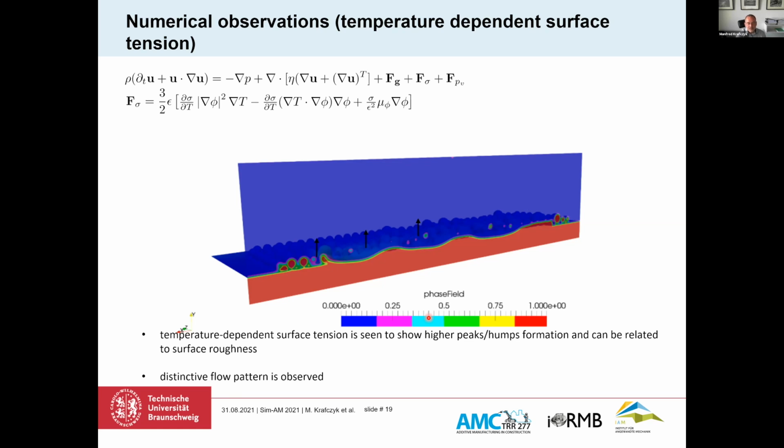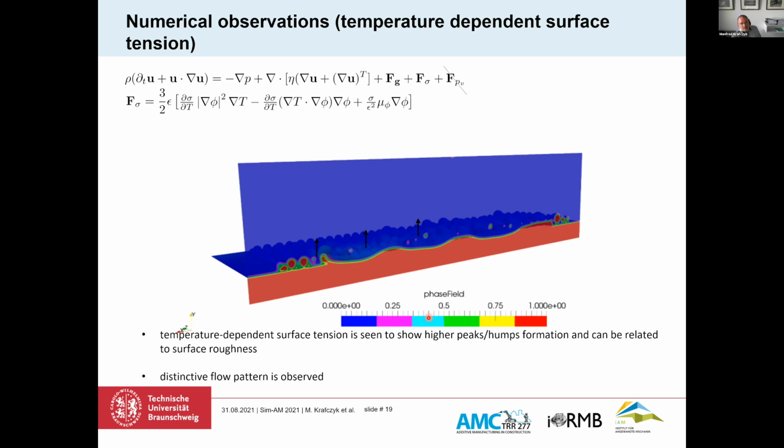For example, here in a qualitative view, introducing a temperature-dependent surface tension definitely plays a role in the shape of the humps and peaks that are created during the laser impact. Lots of these studies have been done and are presently being done.